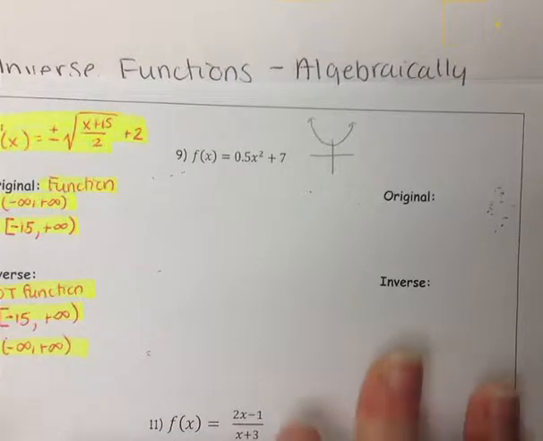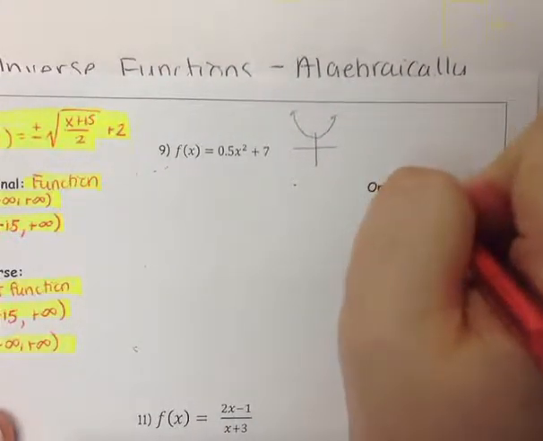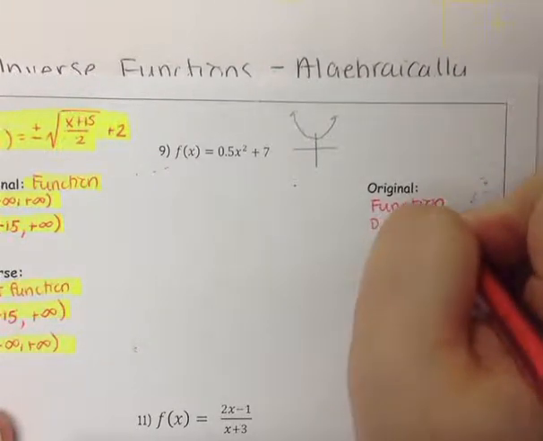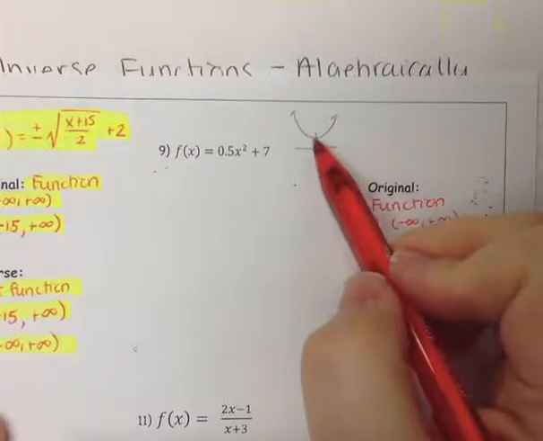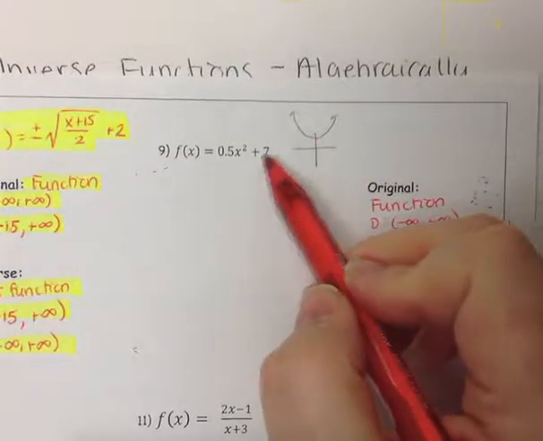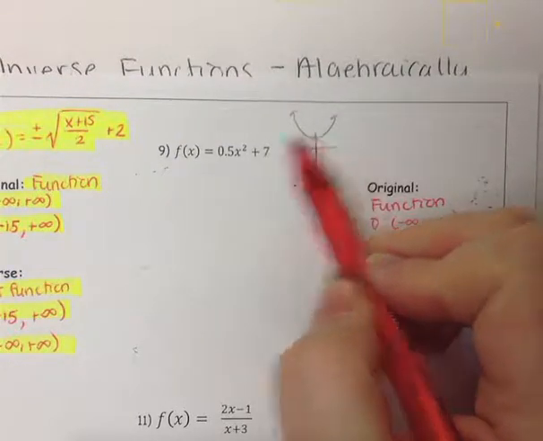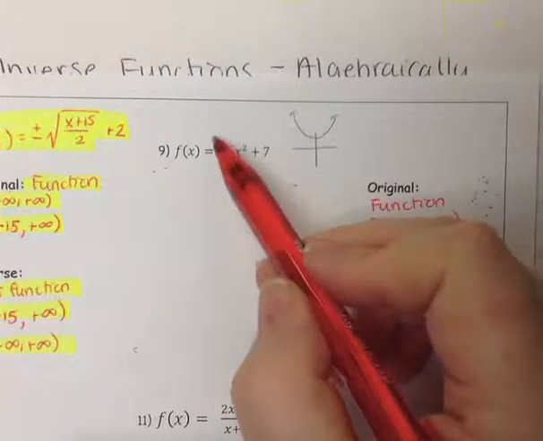Our original is a function, because it passes the vertical line test. Our domain is from negative infinity to positive infinity, because it's going left and right. Our range is starting at that positive 7, because that is the vertex. This vertex is 0, 7, because again, this is in vertex form and standard form.